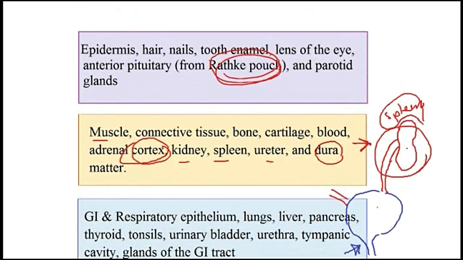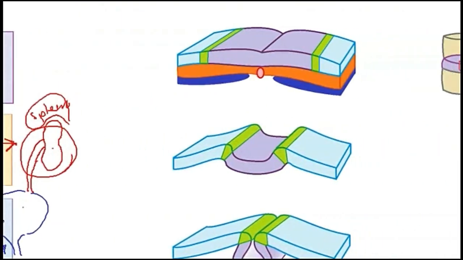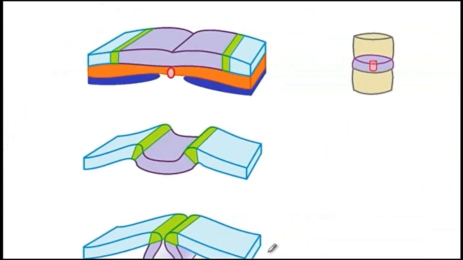Now, what else I would like to discuss here is the role of notochord in the differentiation of the ectoderm. So here is the notochord, and it will form the nucleus pulposus of the vertebral disc.